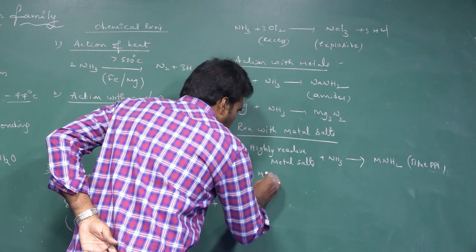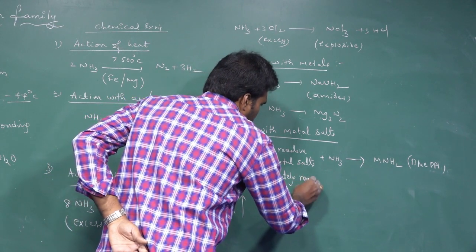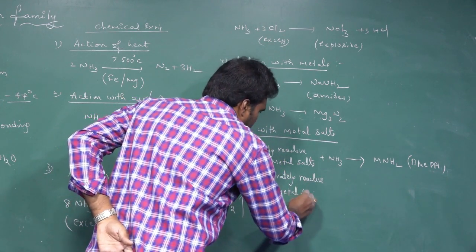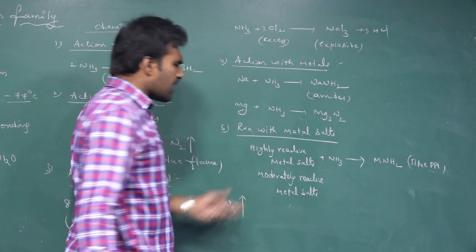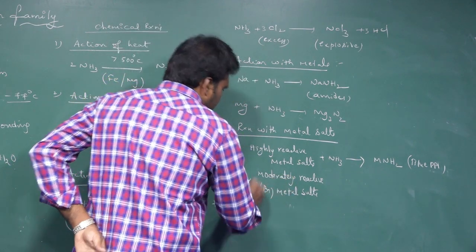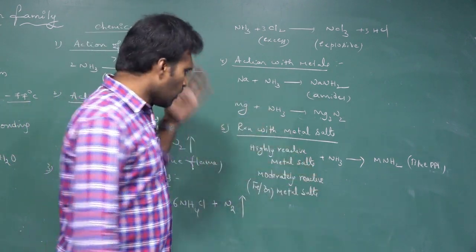Suppose you take moderately reactive metal salts. Moderately reactive metal salts means we can take either iron or zinc. These two are the best examples for moderately reactive metals.